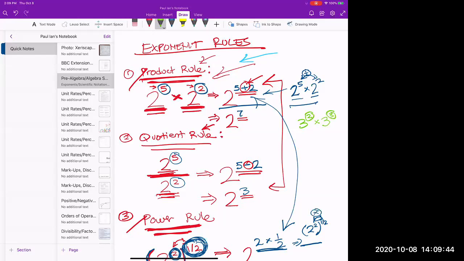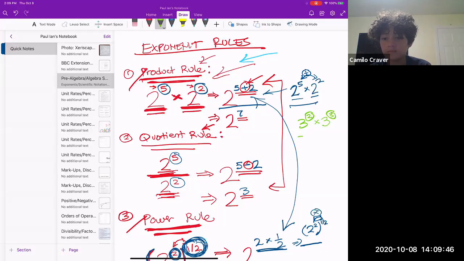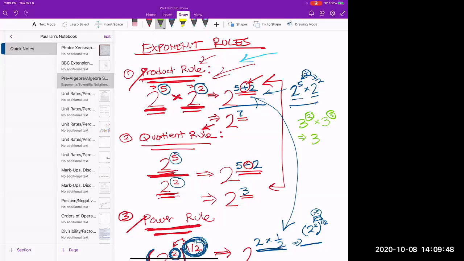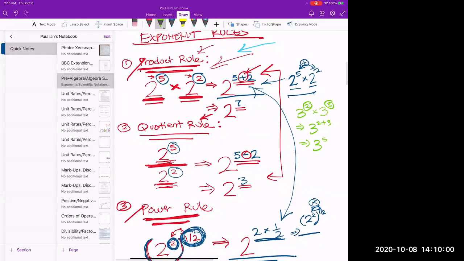Add them. Yep, so that's the product rule, right? So 2 plus 3. I usually would write it like this. If you want to remember the steps, it's easier to lay them out like that, and then eventually it's just going to be natural.